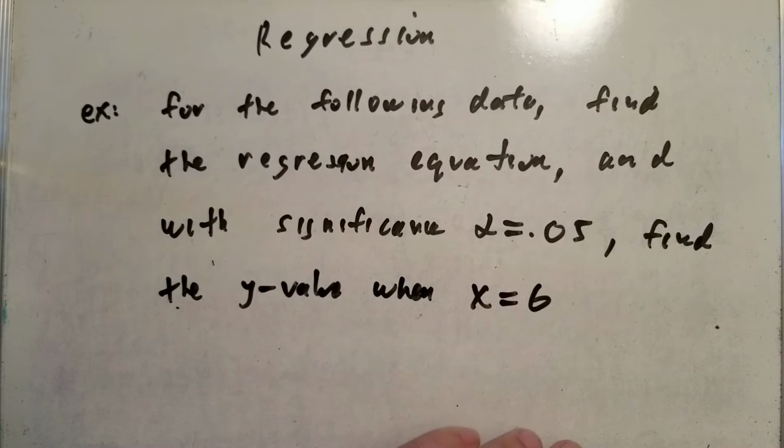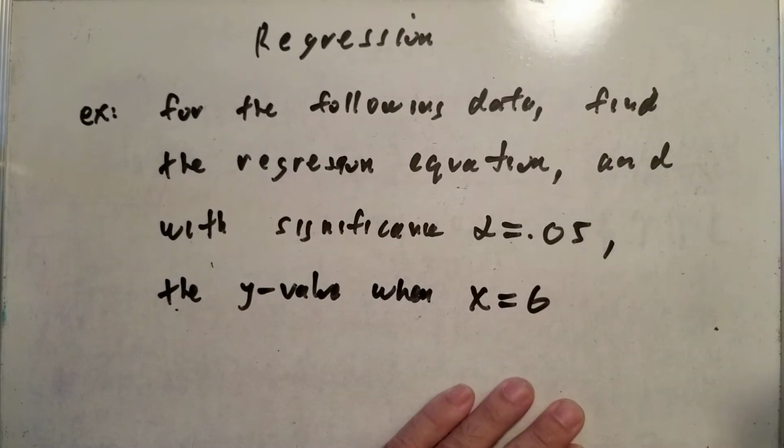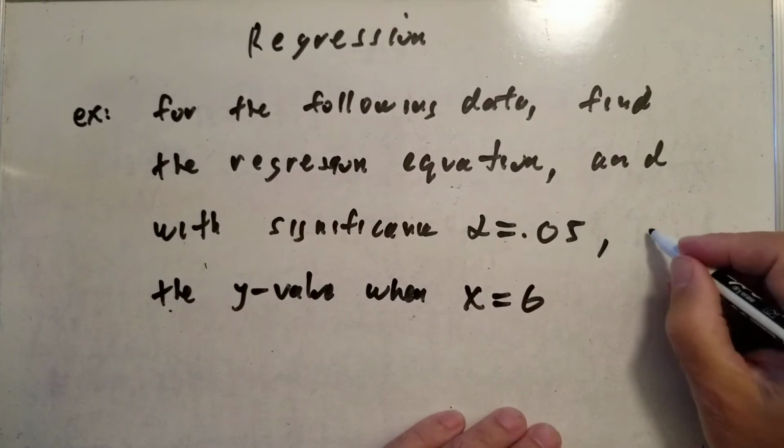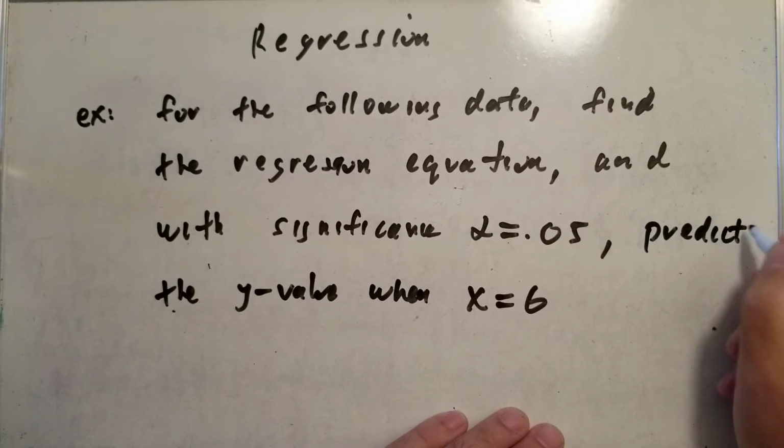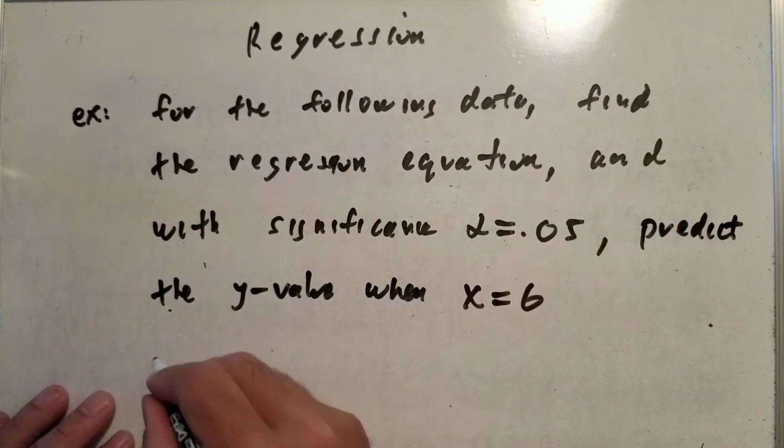To be honest, the correct word there would be predict, not find. Okay, predict the y value when x equals 6, and I'm going to get a set of points.